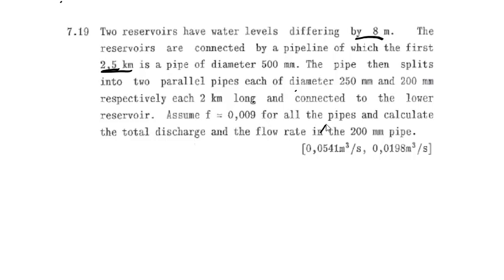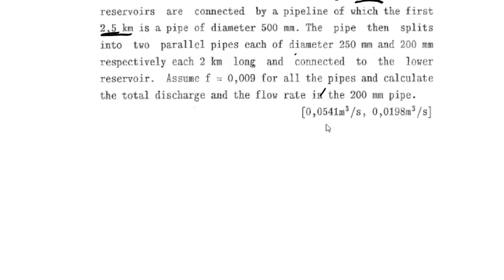The pipe then splits into two parallel pipes, each of diameter 250 and 200 millimeters respectively, each 2 kilometers long, and connected to the lower reservoir. Assume the friction factor f for all the pipes and calculate the total discharge and the flow rate in the 200 millimeter pipe. Okay, so where do we start?